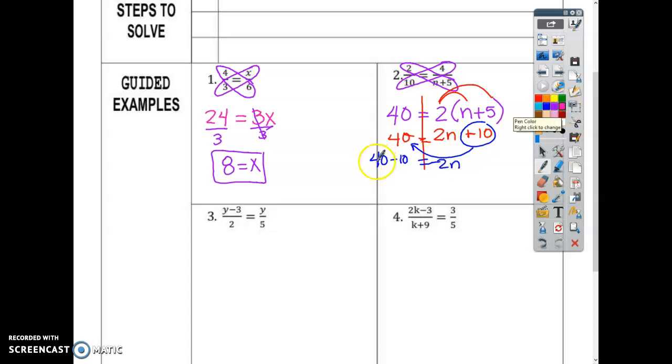Combine like terms, 40 minus 10 is 30, equals 2n, and solve by dividing. N equals 15. So if you would have put these 2 in y equals, they cross at n equals 15. Okay?